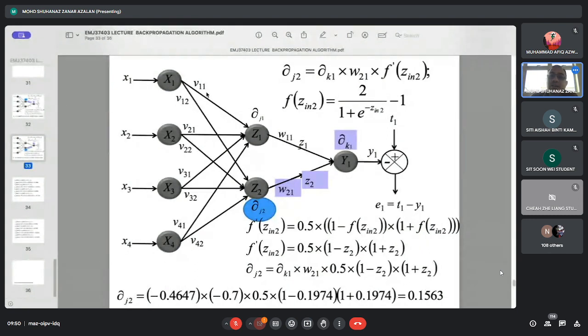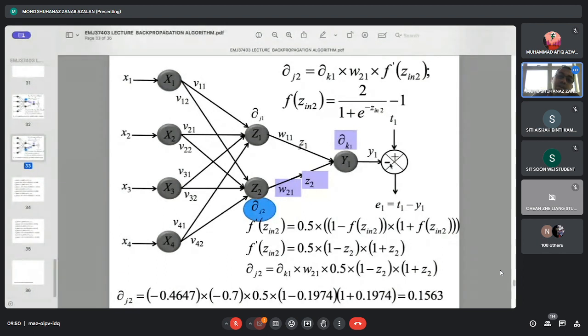That's why we call it a backpropagate algorithm. So when we got y1, we got the difference between the target and y1. Then first we backward calculate delta, and then update w, and then back calculate this, and then we can update the v.